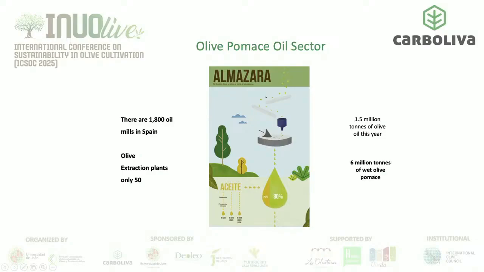This production is 6 million tons of wet olive pomace. The beauty of the sector, the well-known part, is the extra virgin oil, but it's important to say that the extraction plants are necessary to solve an environmental problem, because you have to manage the water, the high water content of the mass.